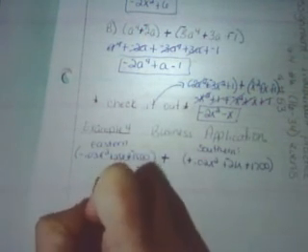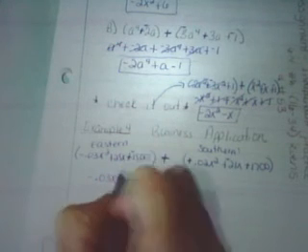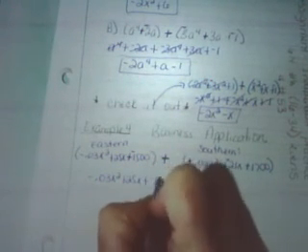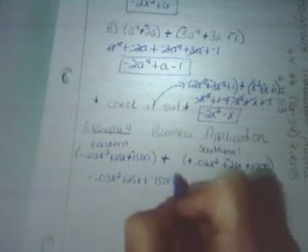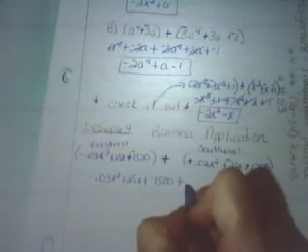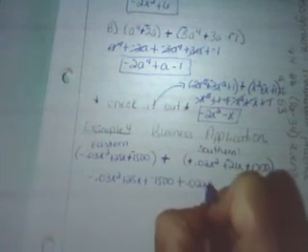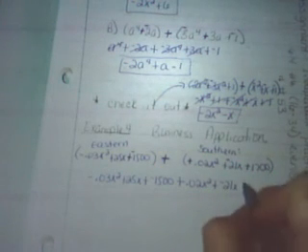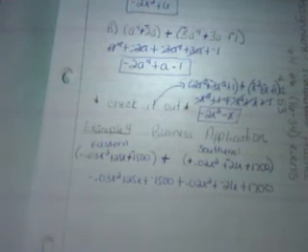Can't combine like terms in this first step, so I have negative 0.03x squared plus 25x plus negative 1500. Drop down my plus, 0.02x squared plus negative 21x plus 1700.